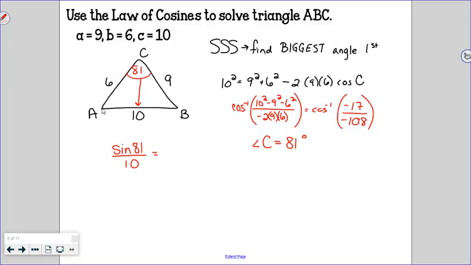If you like law of cosines better, keep using law of cosines to find another angle. That's really up to you. It does not matter. Here is my requirement for this, though: you have to show your setup, and we're going to talk about just a second here why. But go ahead and find me the other two angles here.